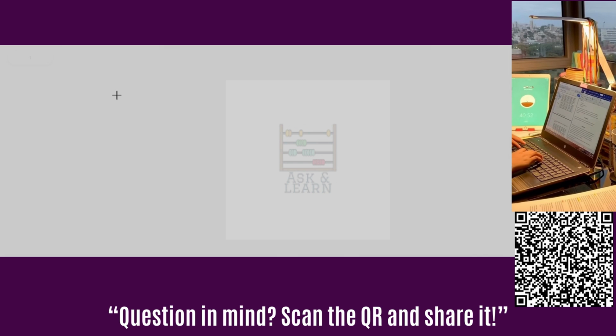Alright, let's start with writing down everything that we know. We know the velocity, v, is 4.5 times 10 to the 6th, and that's in meters per second.